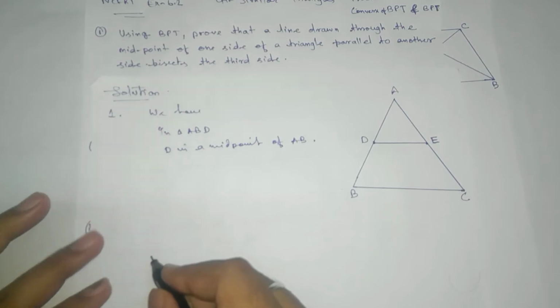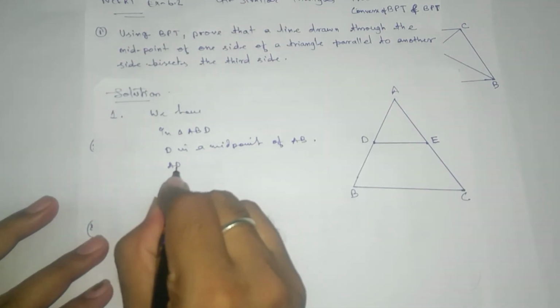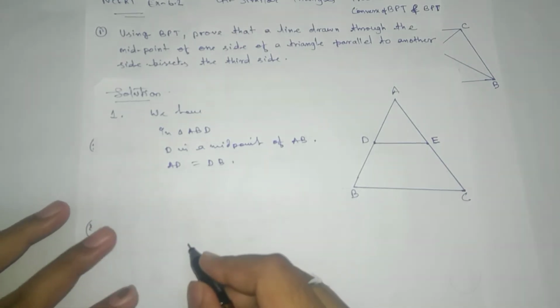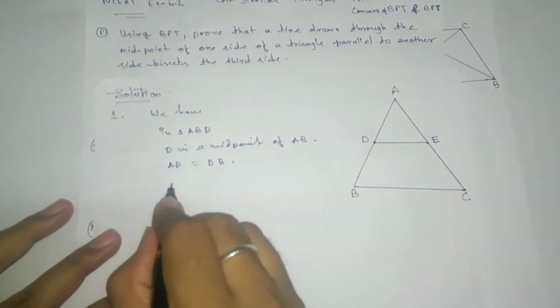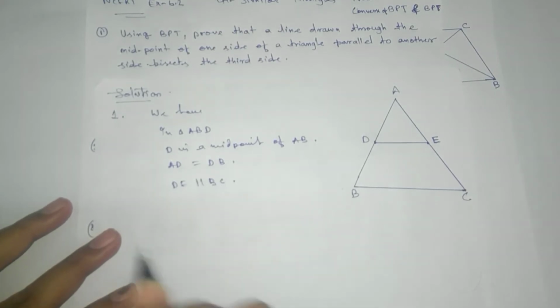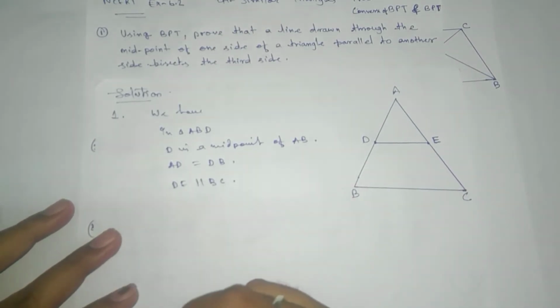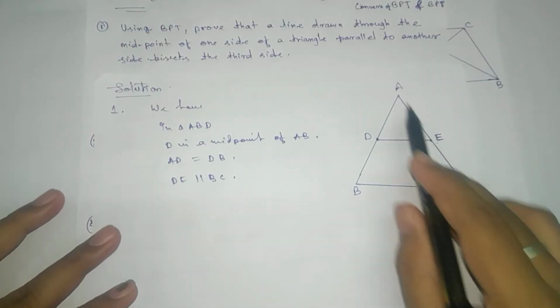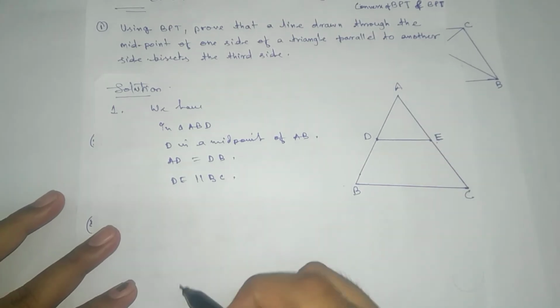That means we can write here AD equals DB. This one we have, and one more thing we have, DE parallel to BC. This is given. So we need to prove that E is also a midpoint of AC.